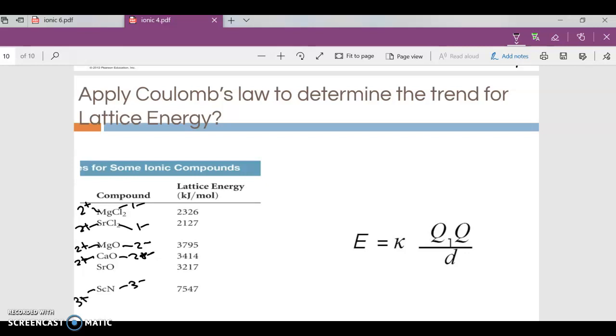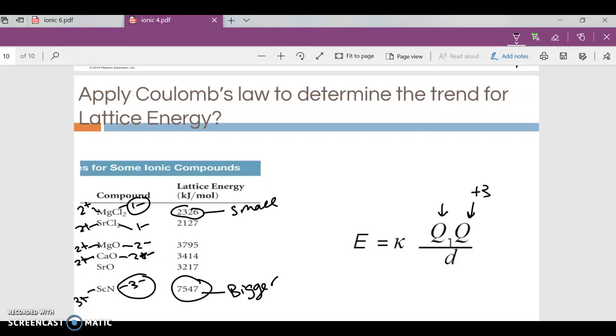So I could see that I've got higher charges at the bottom than I do at the top. This part here is a small number compared to this number way down here. This is huge. I have a large lattice energy. That means I have a large Coulombic attraction because my Q's are going from a +1, -1 to suddenly a +3.